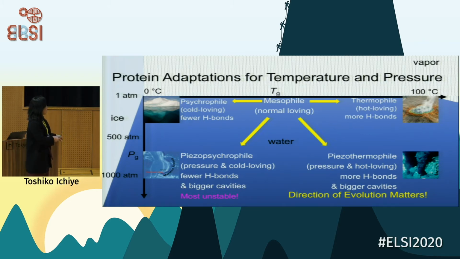Whether you go around like this or you go around like this, that's going to make a difference in the type of adaptation you see. And just for your information, I'm thinking that maybe life evolved from a hot, deep, hot surface across over here to cold, and that these piezopsychrophiles actually came from psychrophiles.